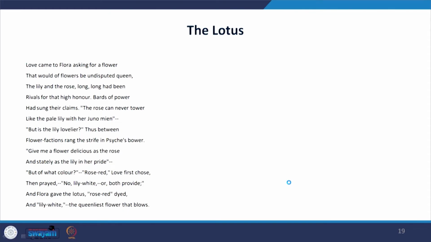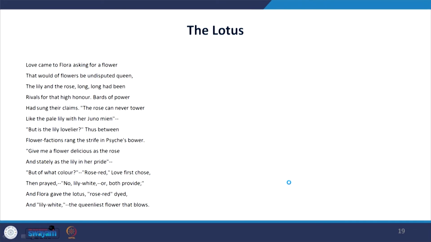Love came to Flora asking for a flower. Actually, it talks about a flower, and here love has been personified. Love wanted to know which is the loveliest. We have been saying that when we talk about poetry, a flower is considered to be the queen of the garden, the lady of the garden, and something of delight.